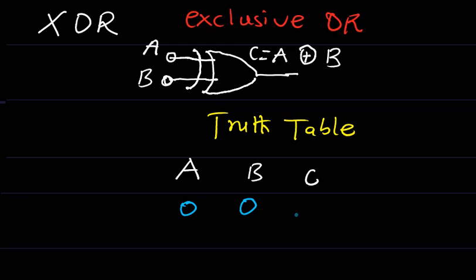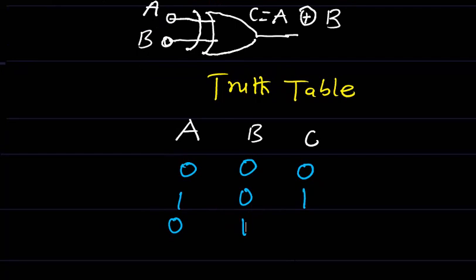But if the inputs are the same, then the output will be 0. So it is only when A is 1 and B is 0, or A is 0 and B is 1, that you will have 1.